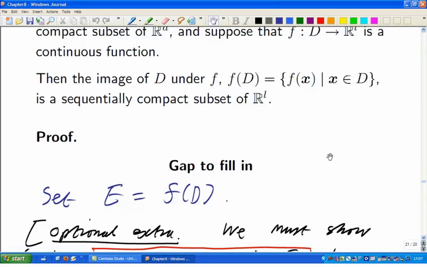And the continuous image of a set which is both closed and bounded is still closed and bounded, because that combination gives you this very powerful condition of being sequentially compact.